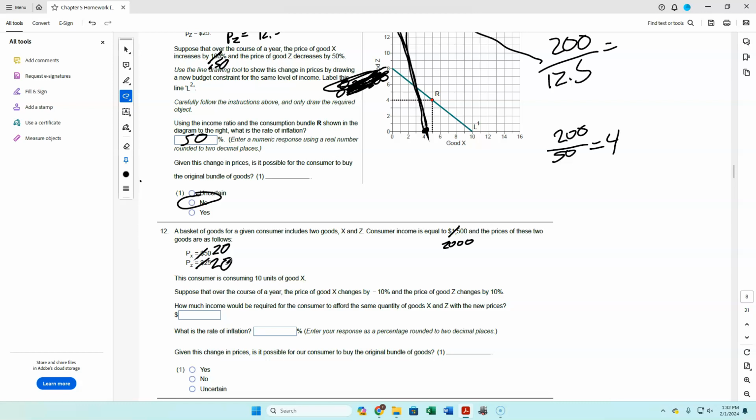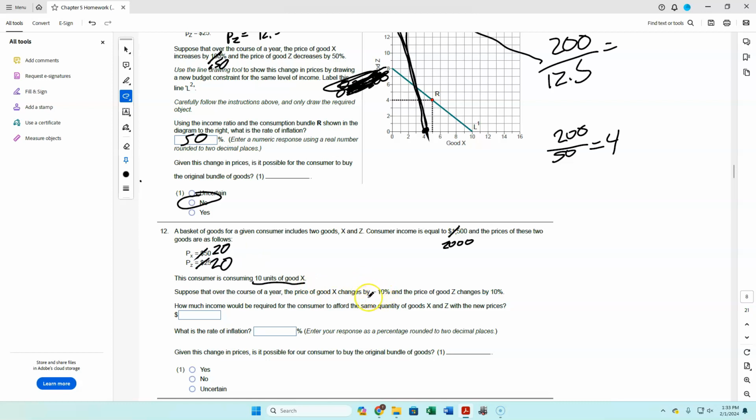So they used to be given these $20 prices. If they had 10 units of X, then 10 times 20 would have been 200 total dollars.